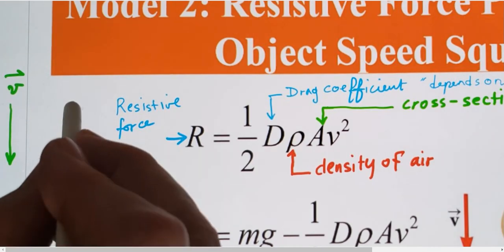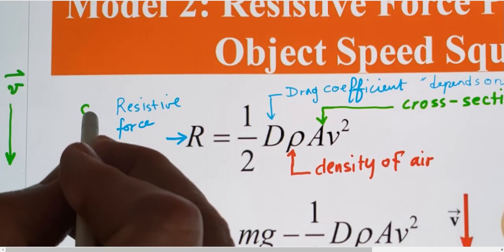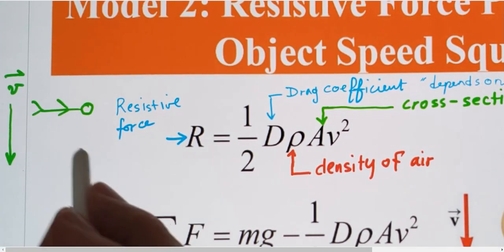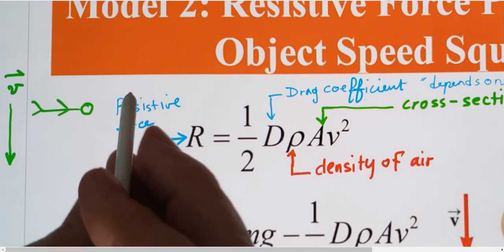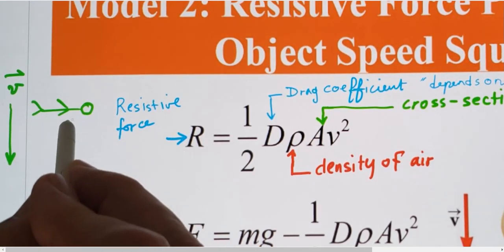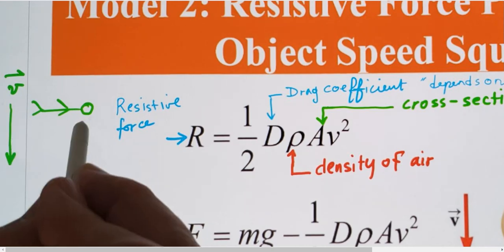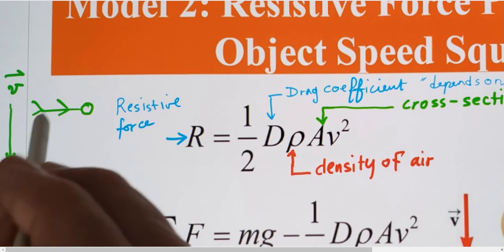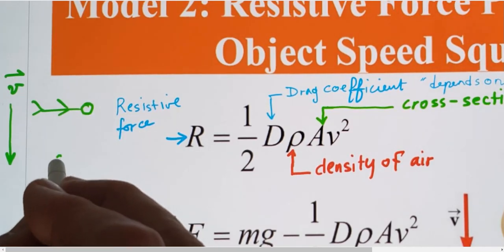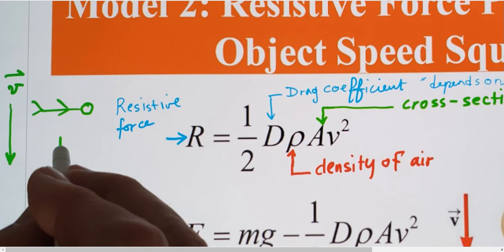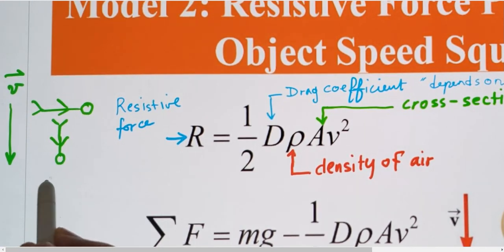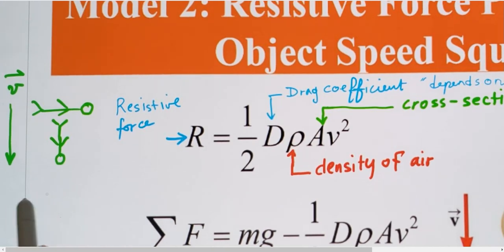So if he is falling to the ground in this manner, then the cross-section area is large, so he will have a lot of resistive force. But if he is moving like this, now the cross-section area is smaller and he will move with a faster terminal velocity.